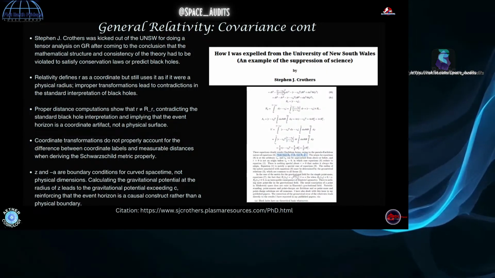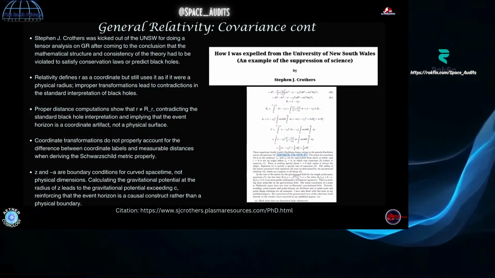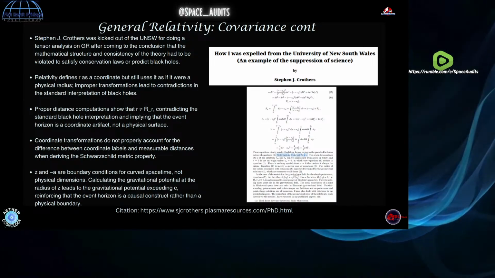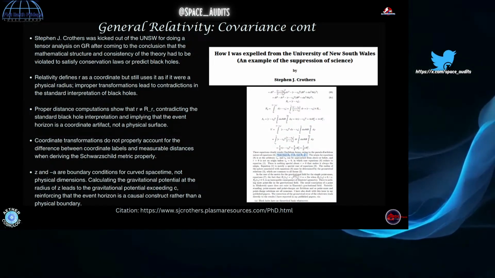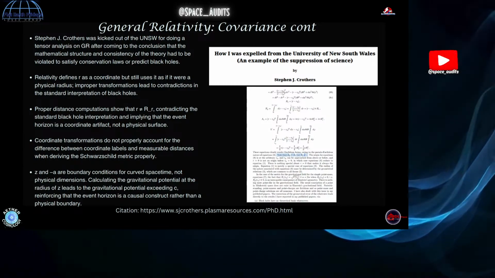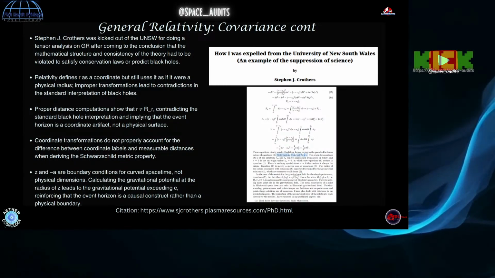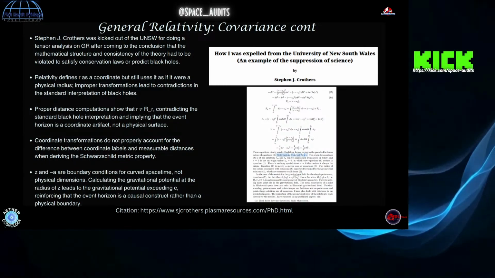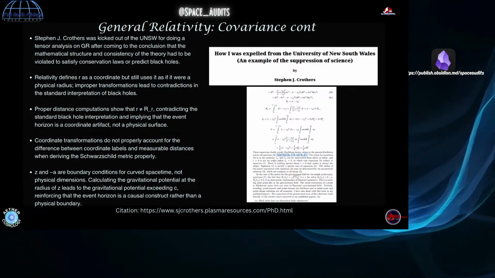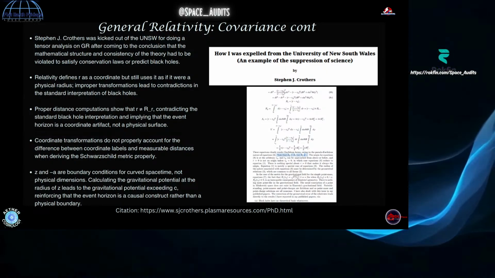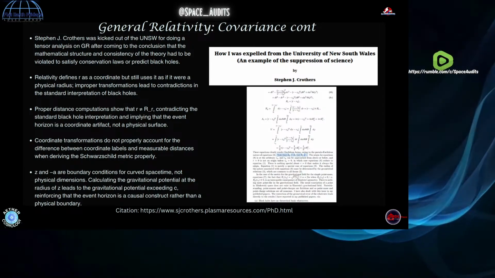And the thing that was a big red flag for me, because the math is obviously intense, right, was the criticisms that Crothers was getting from the faculty that were supposed to be able to understand this. They were changing his work, adding their own stuff to it.